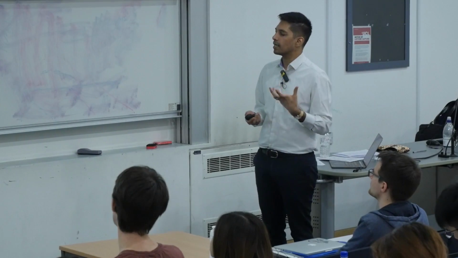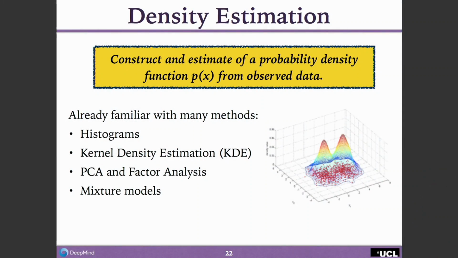So we're going to talk about generative models of particular kinds. The first thing to think about is density estimation. When you did your first thinking about statistics and probability, you were exposed to this idea of the density of data and knowing its probability, and you did that kind of density estimation by histograms, by kernel density estimation.